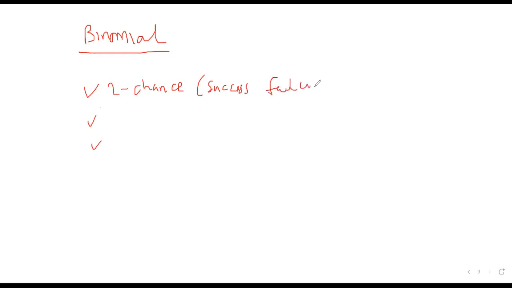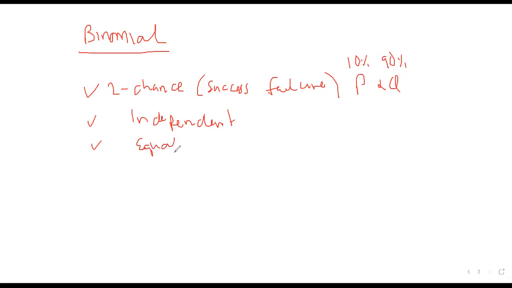So there's P and Q. If P is 10%, what is your Q? 90%. The 2 must add up to 100. Number 2, the events occur independently. Number 3, each event has an equal chance of occurrence. There's no discrimination.